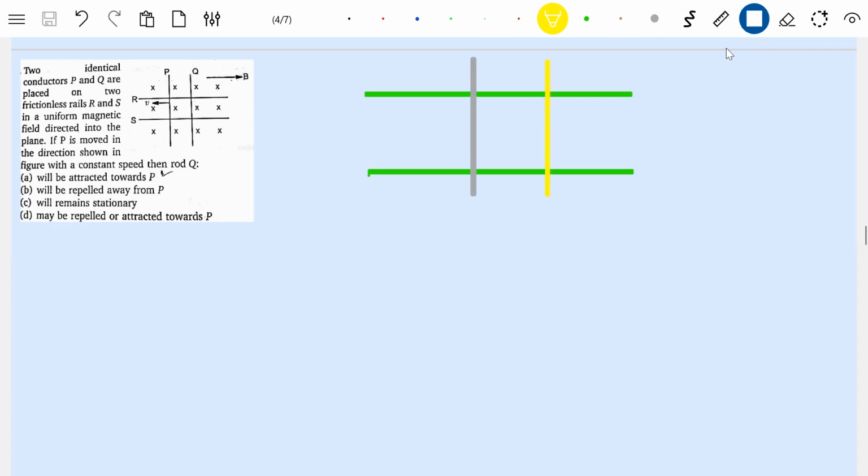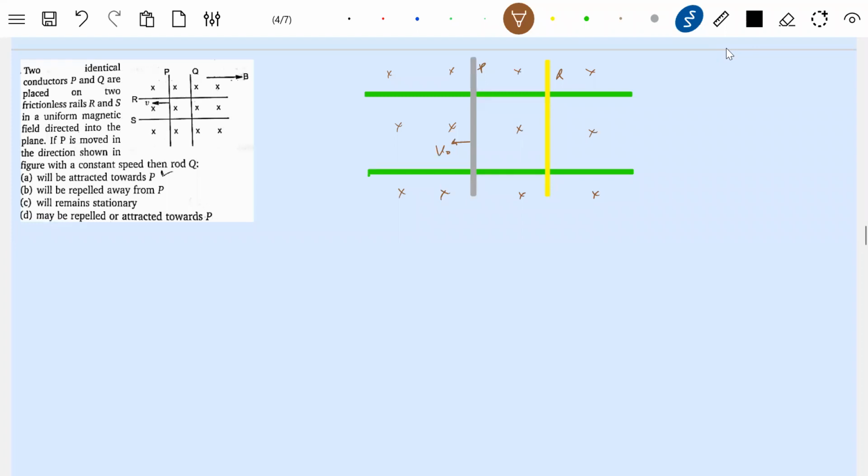There's the initial situation. Here is what we are projecting with a velocity v naught. What will happen to the rod P and Q? That's what you mean to say.